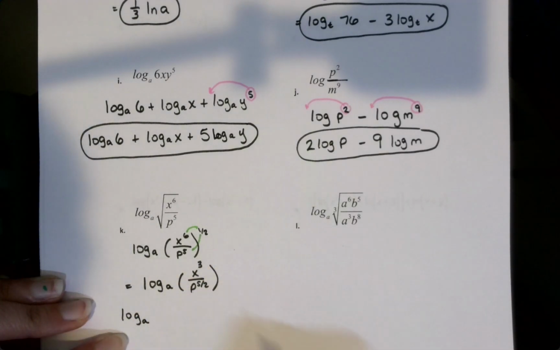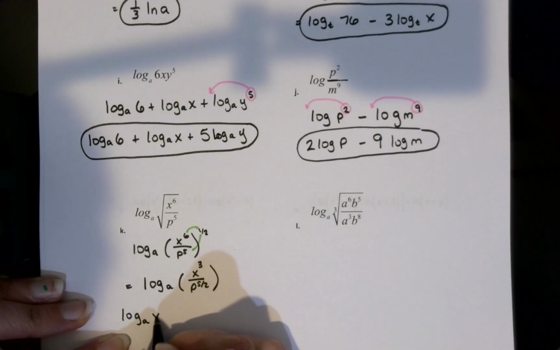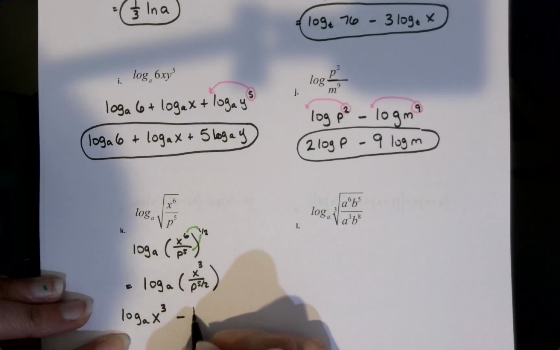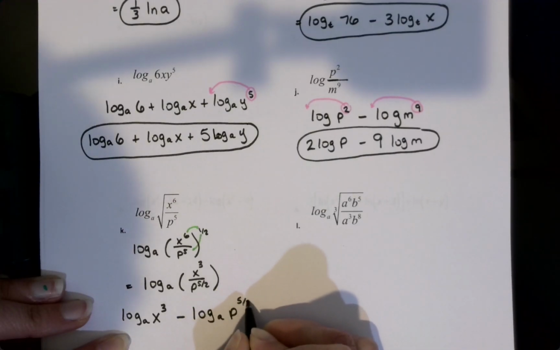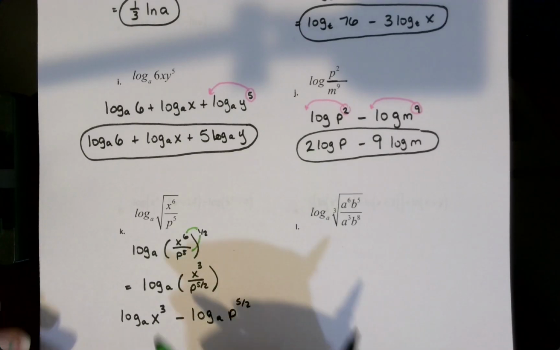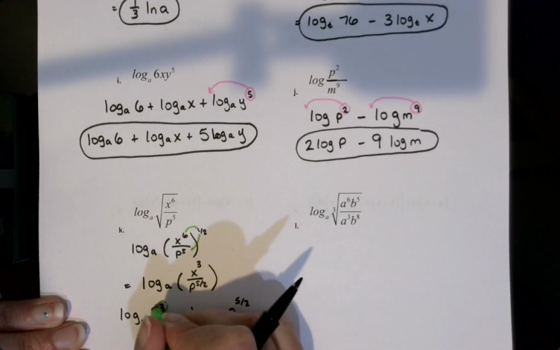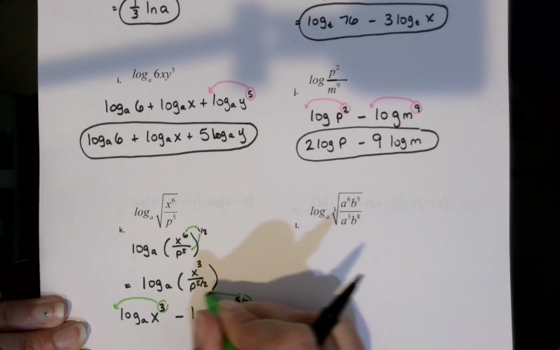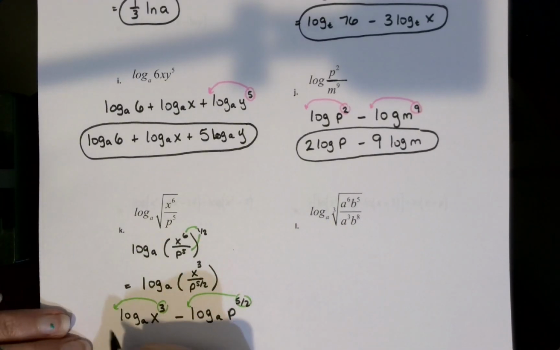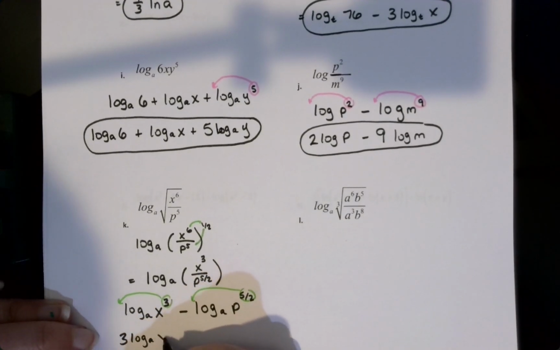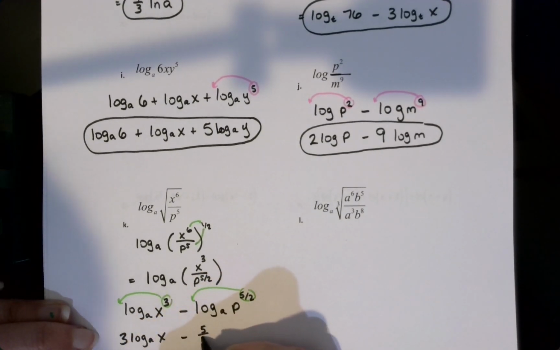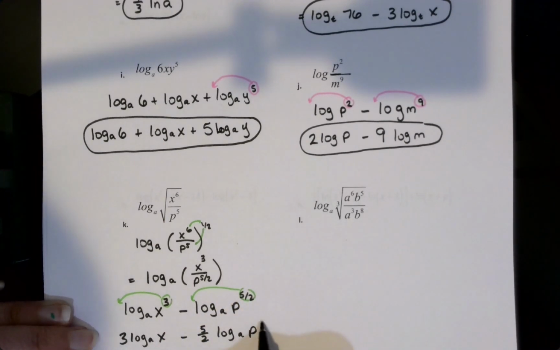Division turning into subtraction: log base a of x to the 3rd minus log base a of p to the 5/2. And then the power property, pulling these exponents down as coefficients: 3 times the log base a of x minus 5/2 times the log base a of p.